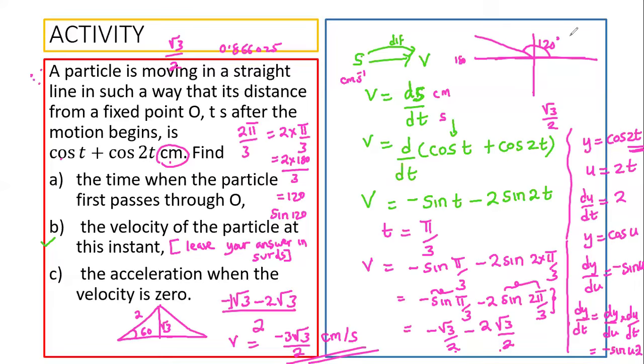You know that in this quadrant you have all S, T, and C. In this second quadrant, sine is positive, meaning that any acute angle in this quadrant is going to be 180 minus 120, and you end up with 60 degrees.